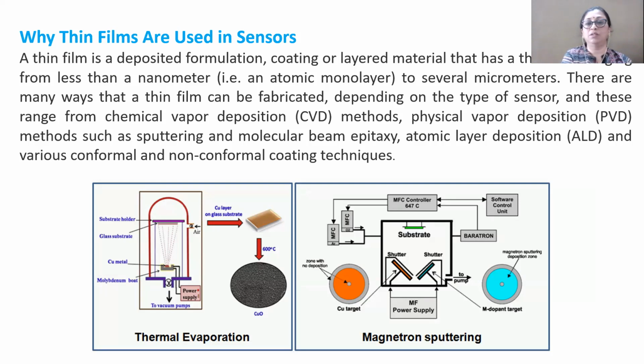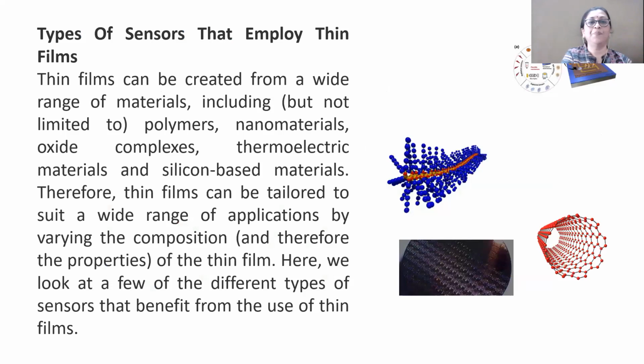So these are some of the names of the techniques which are used to produce the thin film. And the thickness of this film is in the range of nanometers. So only these two things you have to remember about thin film sensors here.